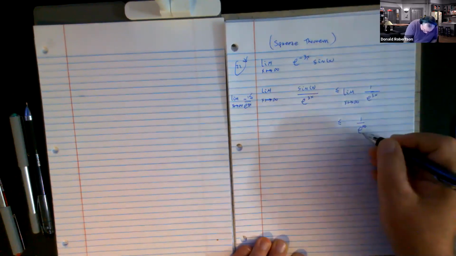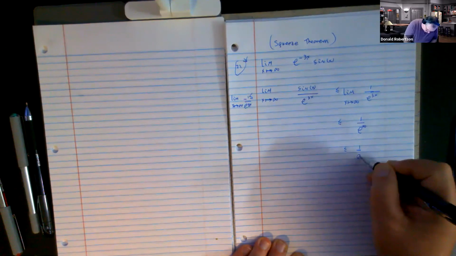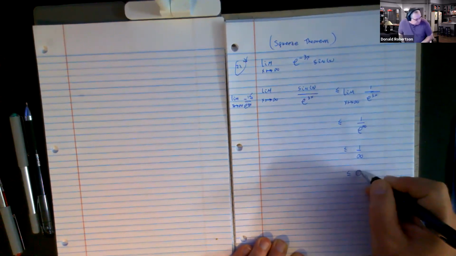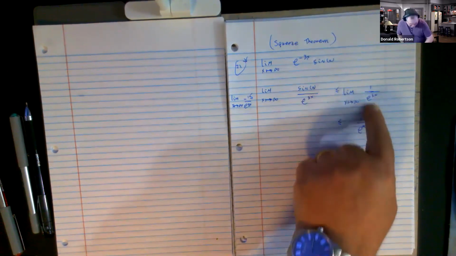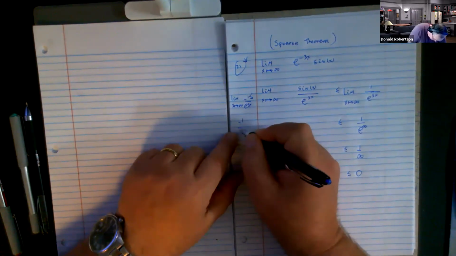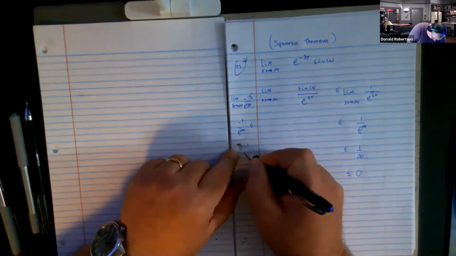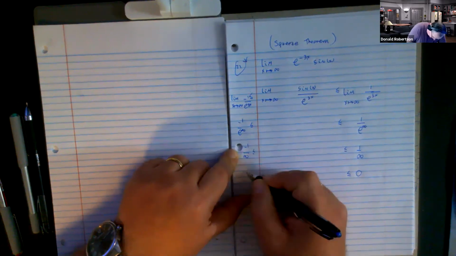Well, that's 1 over e to the infinity. Would you agree it's 0? This limit here is 0. Now, if you do a negative 1 version, it's this one, which is negative 1 over infinity, which is also 0.